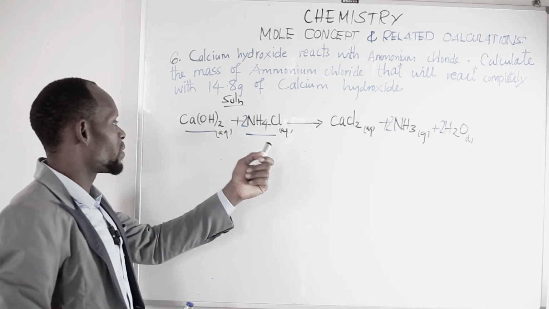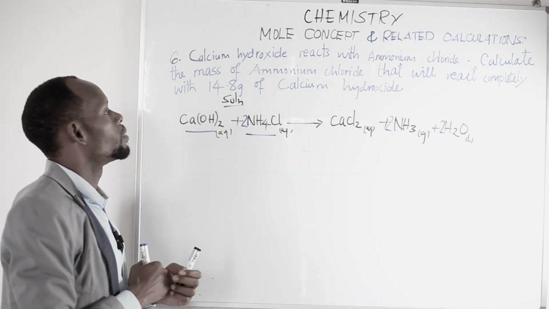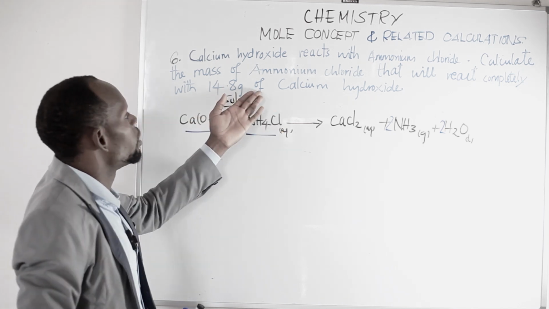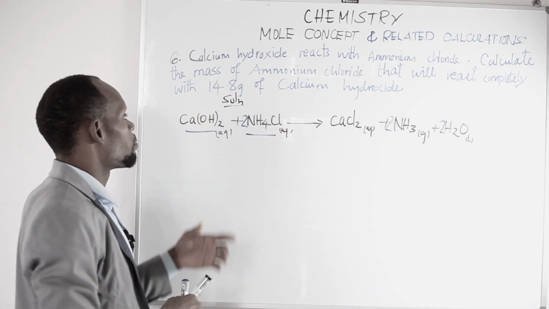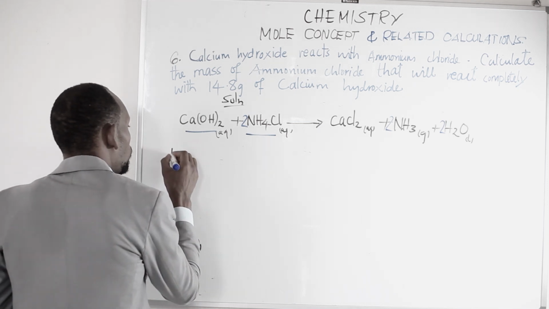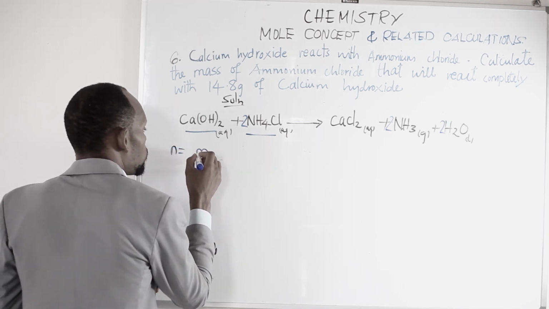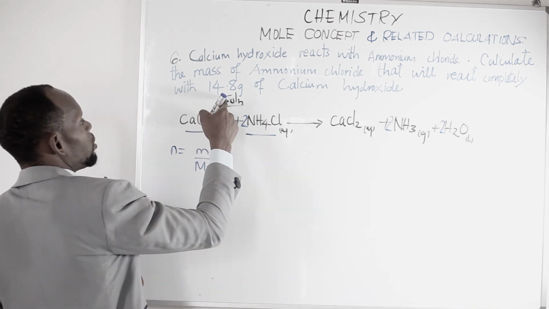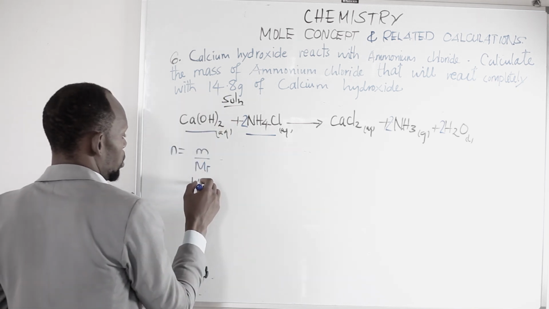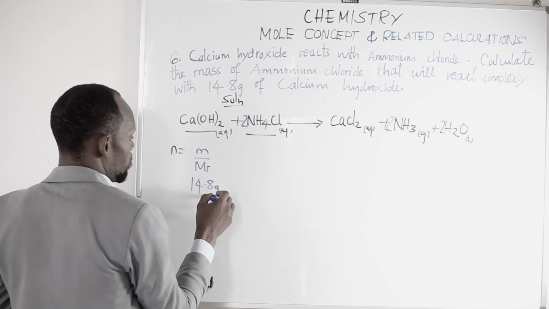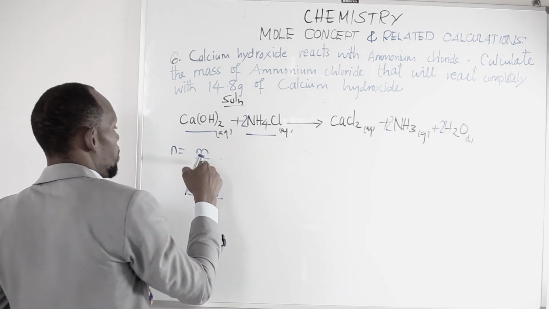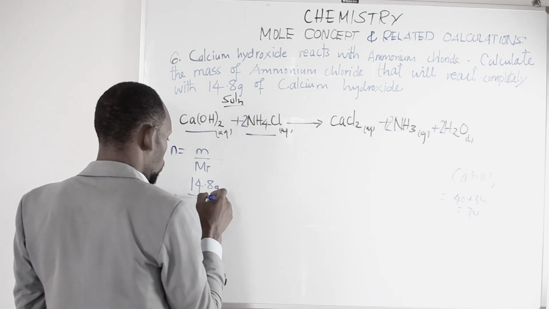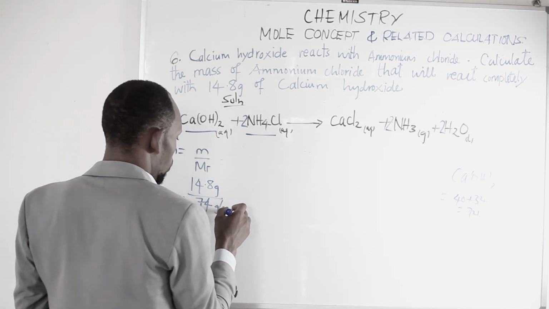The next step after this is to find the number of moles for each. For example, here you have the calcium hydroxide. So find the number of moles. Number of moles of calcium hydroxide is given by mass over molar mass. The mass you have is 14.8 gram, divided by the molar mass of calcium hydroxide, which is 74 g per mole.